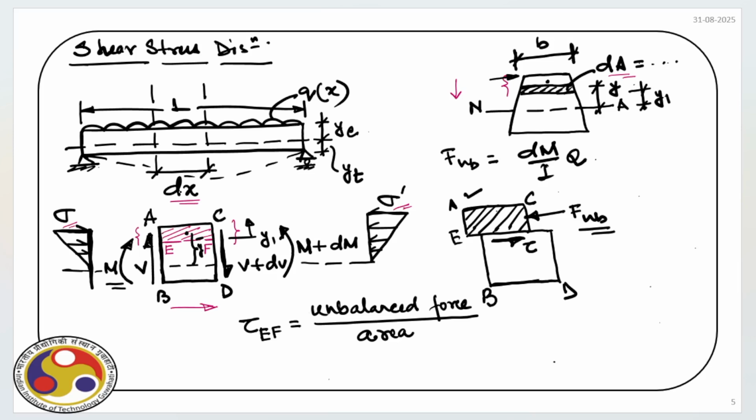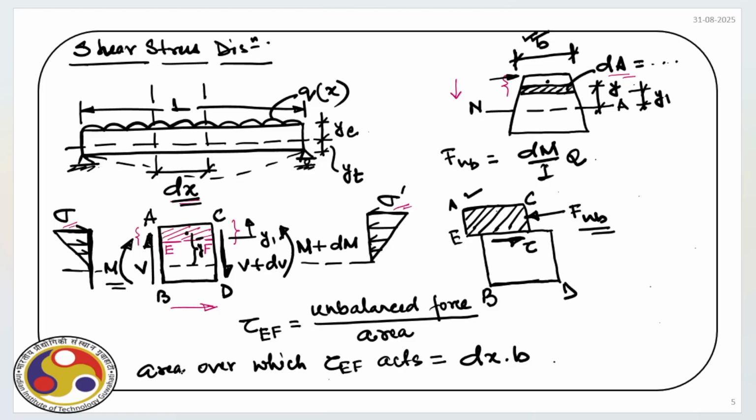The length we know is dx, and the width at the level EF is say B. If it is a rectangular cross section, obviously that B will remain constant throughout the depth of the section. So we can quantify this area over which tau EF acts, which is equal to dx times the width B.